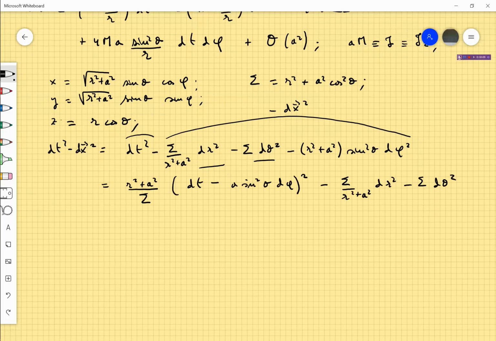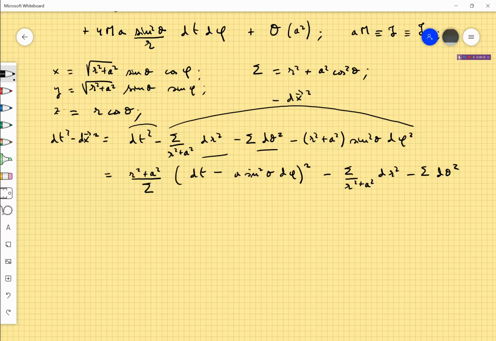And the second term that involves phi and t is such that the cross term vanishes, because in this metric there is no cross term, and only dt squared and d phi squared appear, and this determines this second term uniquely. It doesn't take much time to check that these two things are equal, but it's just a simple calculation.